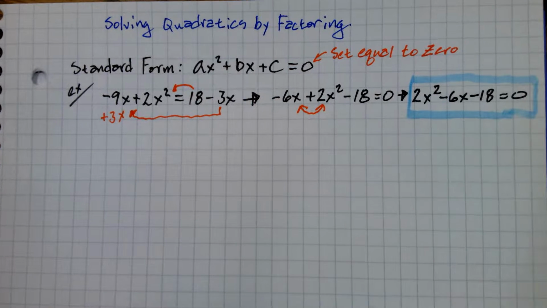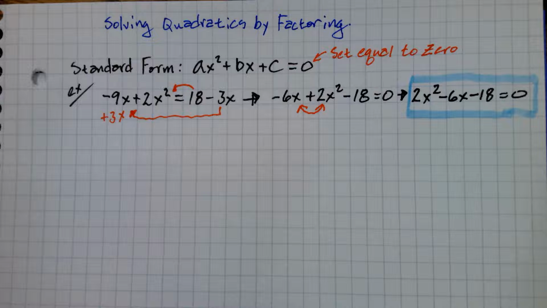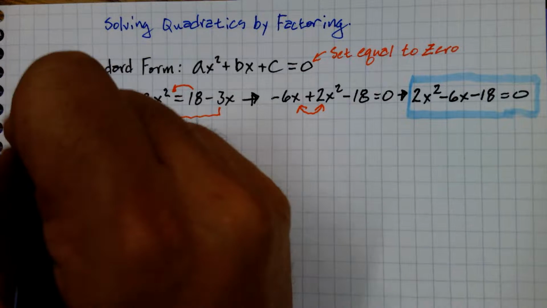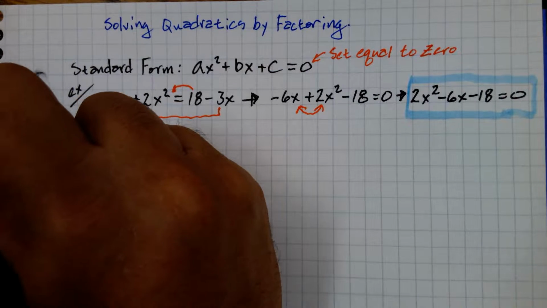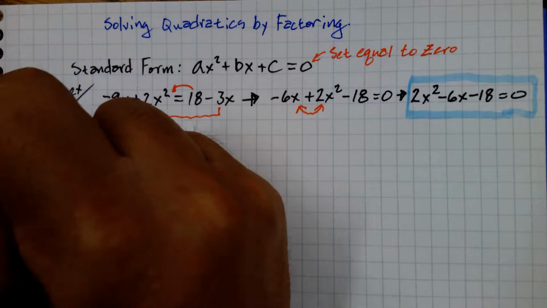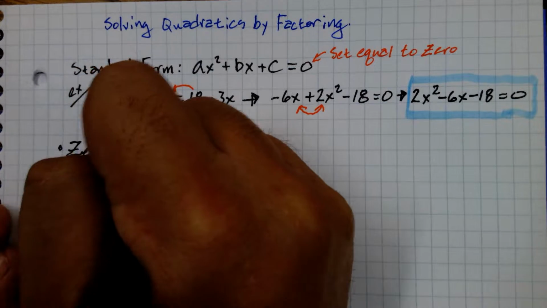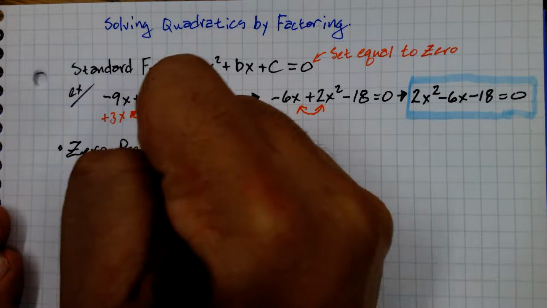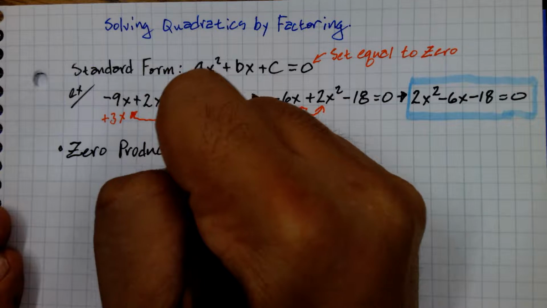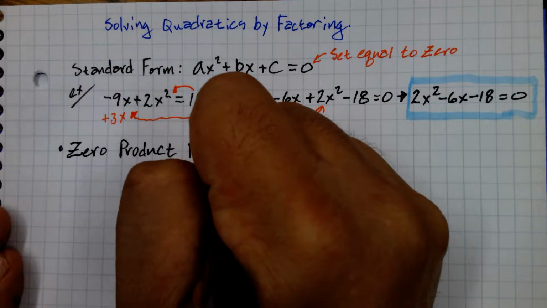So now that we have our equation in standard form and equal to 0, we have to use something called the zero product property. And it's really just some common sense math, if you think about it.